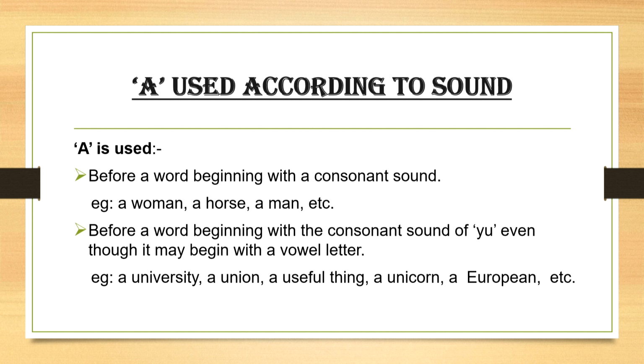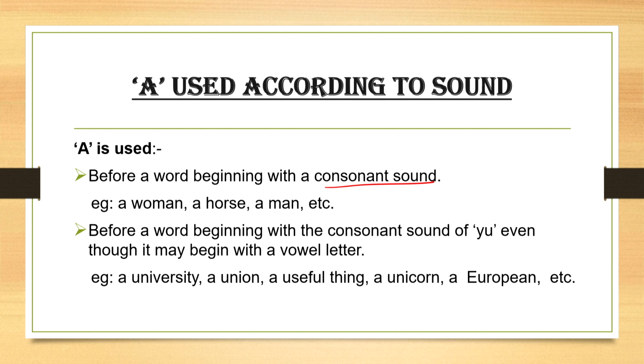Moving on, a is used before a word beginning with a consonant sound. For example, a woman, a horse, a man, etc. Before a word beginning with the consonant sound of Y, even though it may begin with a vowel letter.